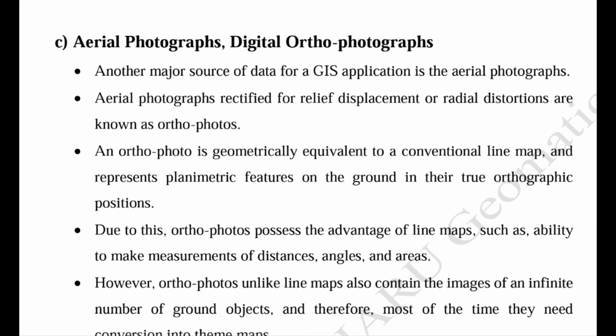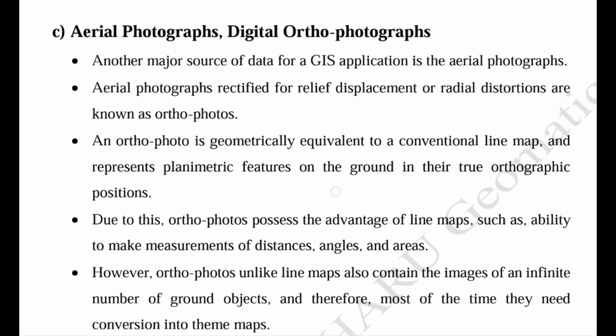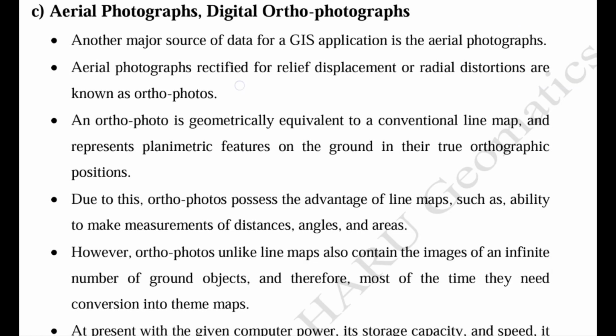Third one are aerial photographs and digital orthophotographs. These are simple photographs of the ground taken from the aeroplanes or other things, means aerial photography. That photographs can be used in the GIS application. Aerial photographs rectified for relief displacement or radial distortions are known as orthophotos.